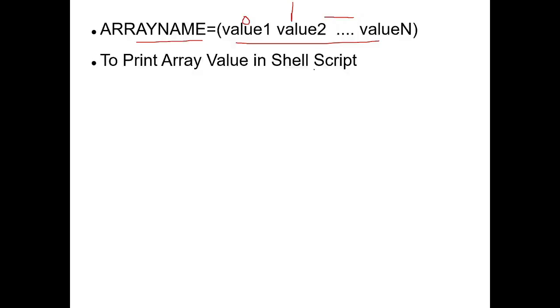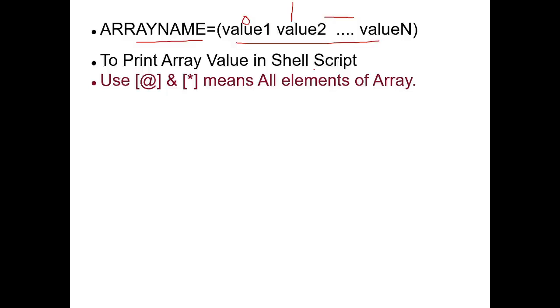To print values in a shell script, you can print a particular array value from a particular index position, or the full elements of that array. If you want to display all elements from that particular array, use the @ symbol or the star symbol. It prints all elements of the declared array.